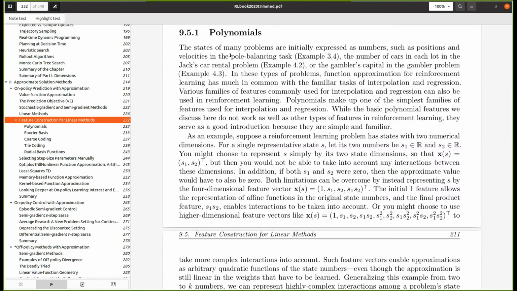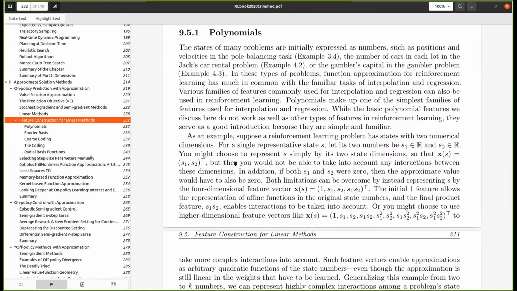And here, the first choice we consider is polynomial choice. So we will construct our feature vector as a vector of polynomials based on the state.